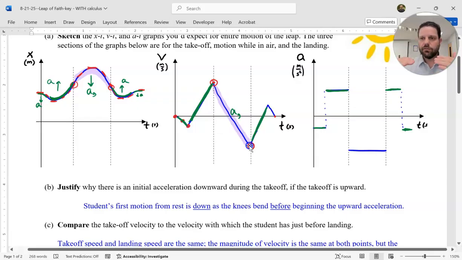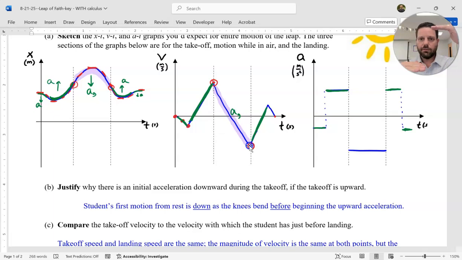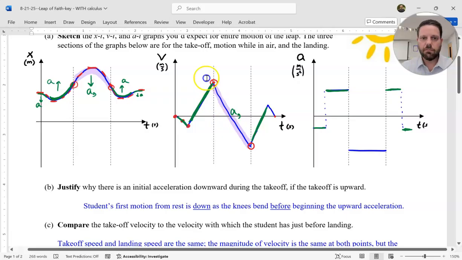So given that the amount of time and distance that he has on his way up is symmetric to the time and distance he has to go back down to the same elevation, the same number value or magnitude with which he leaves the ground on the takeoff up, positive, should be the same number value or magnitude as the negative velocity he has going down upon landing.